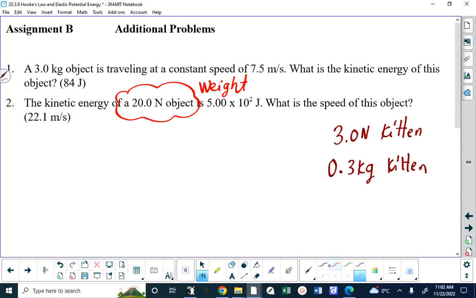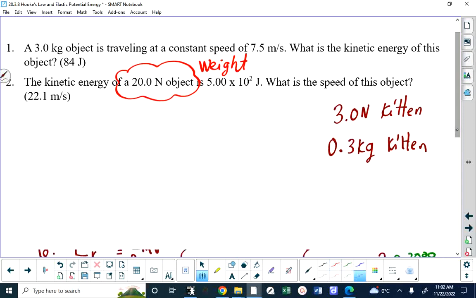Right. So your formula in relating weight is the force due to gravity. Your formula is weight equals m times the gravitational field strength of 9.81 newtons per kilogram. It's not an acceleration, it's a gravitational field strength. And 9.81 is pretty close to 10.